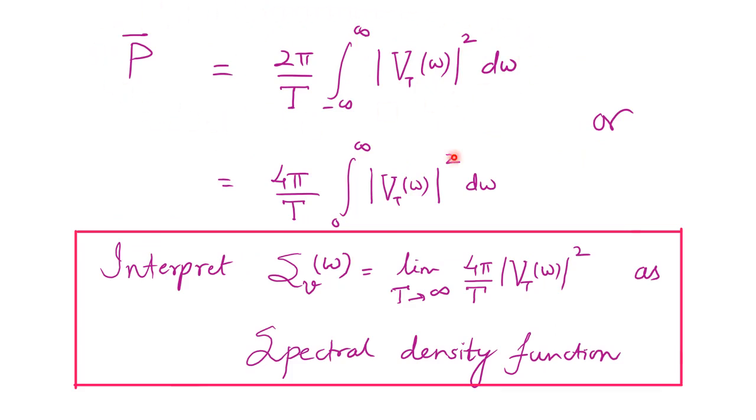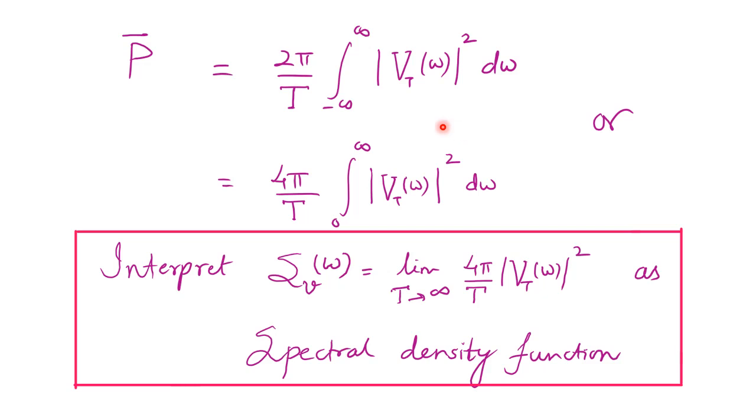Now remember that the frequency content in the negative frequency space was related to the positive frequency space, right? And there was nothing new in it. So because I'm looking at a mod square of that function, I can as well integrate from 0 to infinity, and multiply this whole factor by 2, because everything that is there in the negative frequency space is precisely what is there in the positive frequency space.